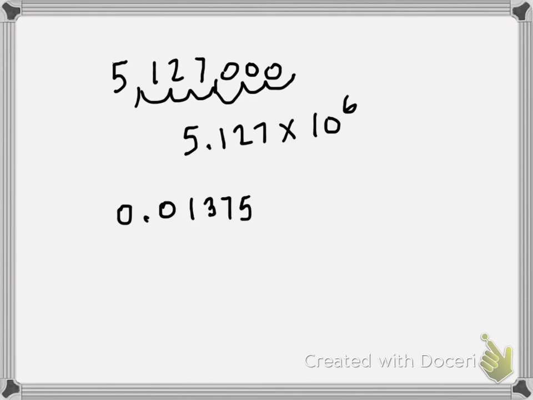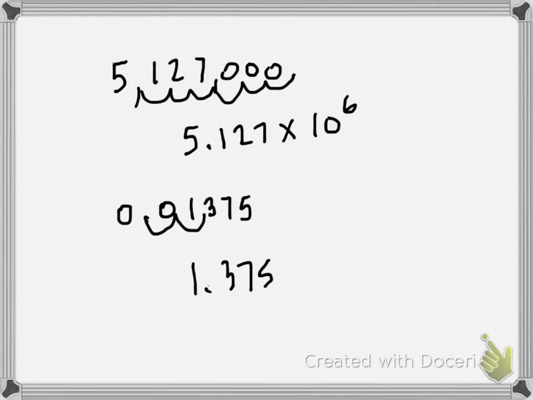Okay. Similarly, I can look at this one down here, this 0.01375. Okay, I can find my decimal. I know I want exactly one digit in front of my decimal. So I'm going to take this decimal, I'm going to slide it 2 spots to the right, rewrite my number, and can drop off all of those leading zeros in this case. Okay, now this number we started with was very small, right?